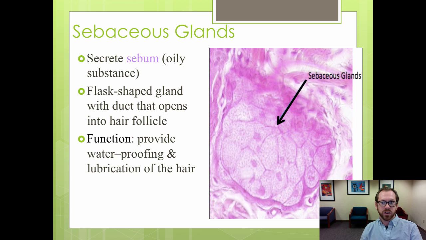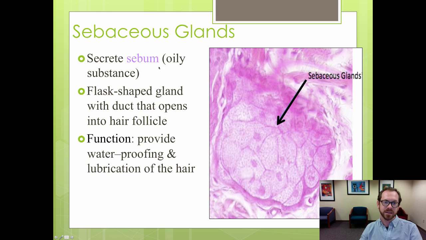Sebaceous glands are glands that secrete sebum, or oily substance. And these are going to be flask-shaped glands with openings into a hair follicle. And these provide waterproofing and lubrication for your hair. And so if you've ever experienced having greasy hair, that's because of your sebaceous glands.